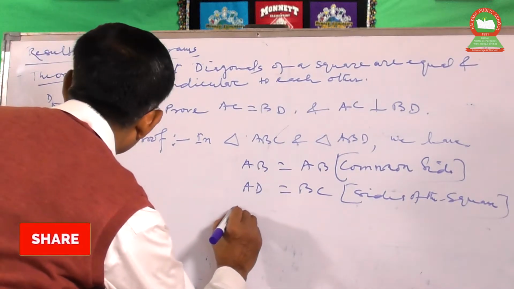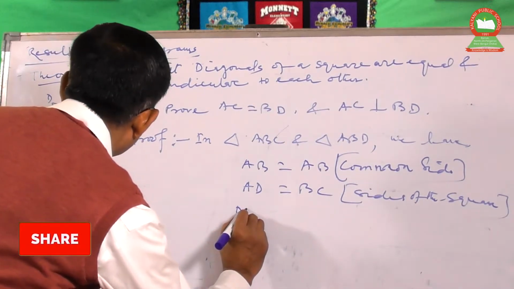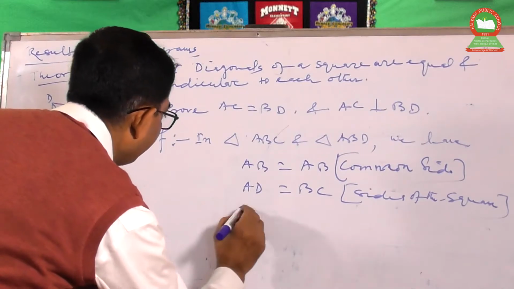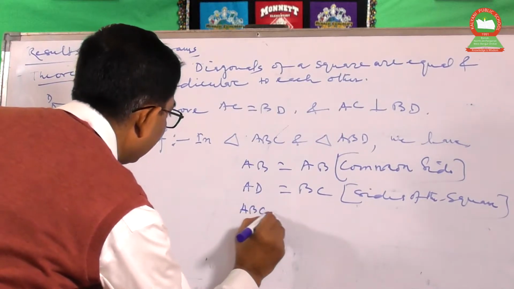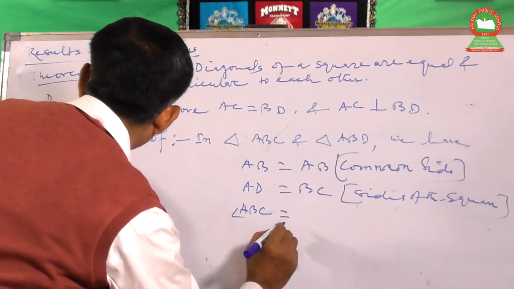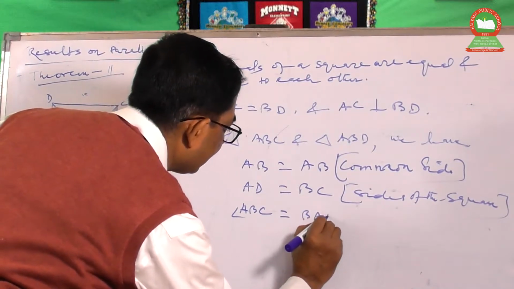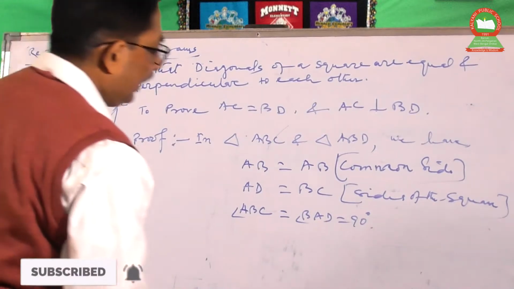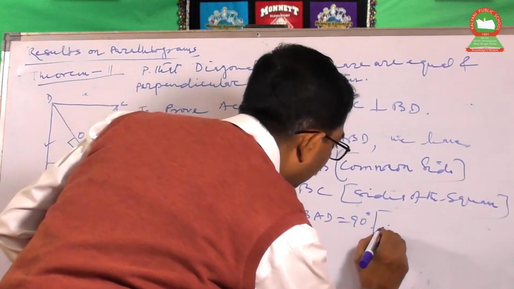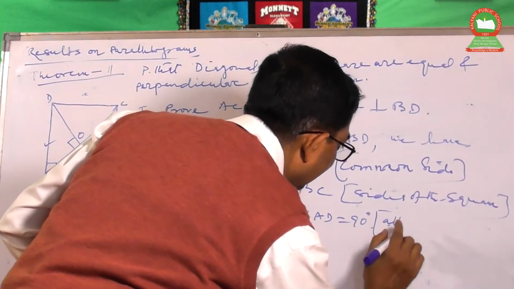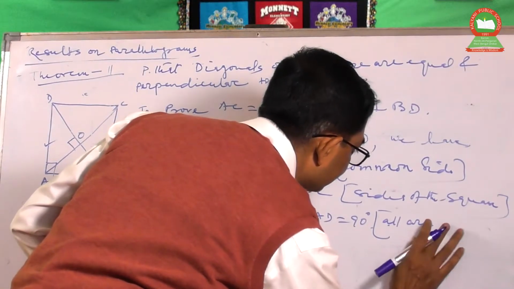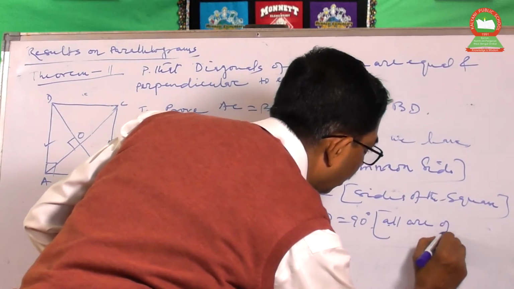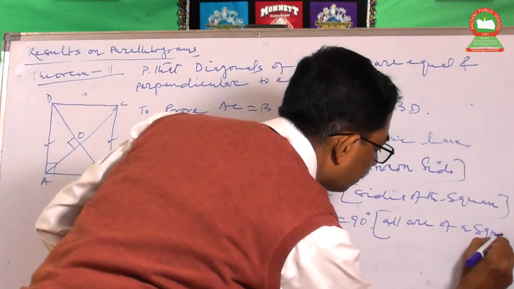So angle ABC equals angle BAD equal to 90 degrees, because all angles of a square are 90 degrees.